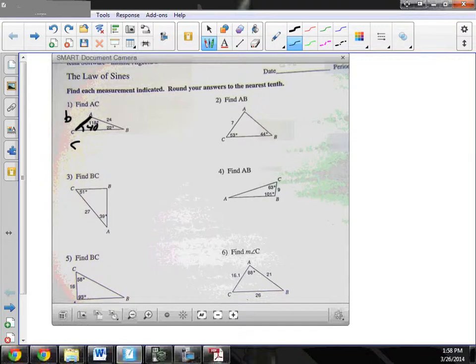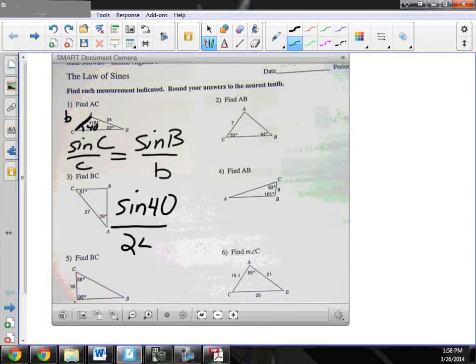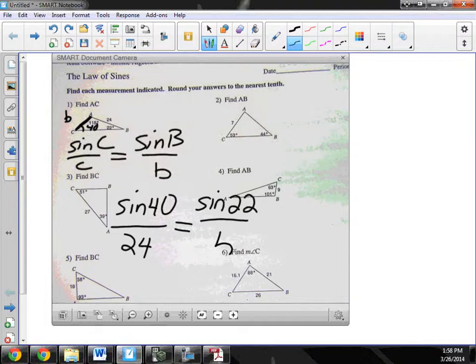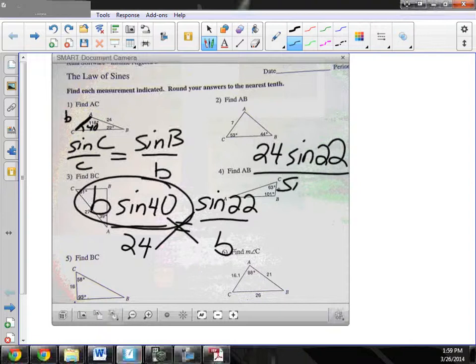So now I'm going to do sine of C over C equals sine of B over B. So the sine of 40 over 24 is equal to the sine of 22 over B. Cross multiply, so I get B sine of 40 equals 24 sine of 22, so I just divide by the sine of 40.